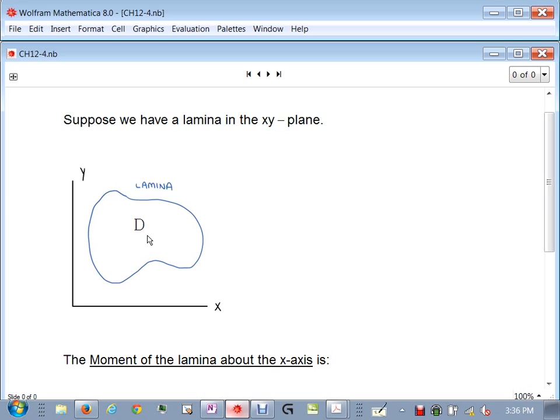So the moment about the x-axis at that point would be the mass, which is density times area, times the distance from here to here. What's the distance from here to here? Well, that's your y-coordinate, isn't it? So that's why we multiplied by y. When we were looking at the moment about the x-axis, we multiplied that rho by y, because y is our distance. And if we want the moment about the y-axis, then the distance to that point is now x, so that's why we multiply by x.